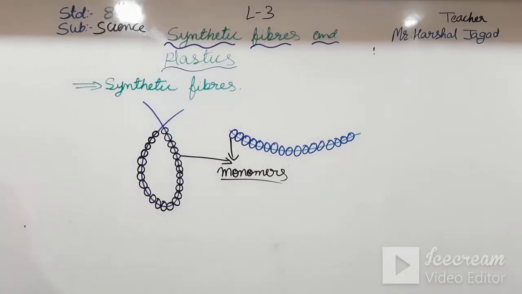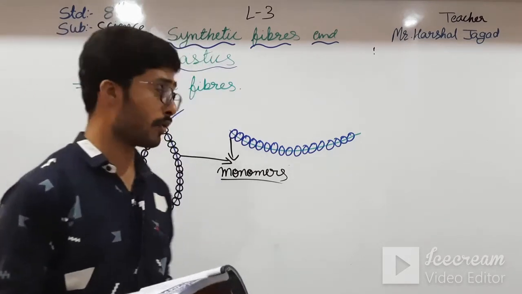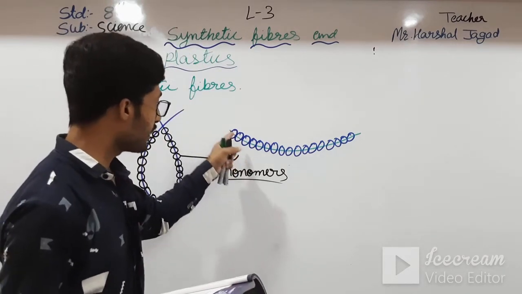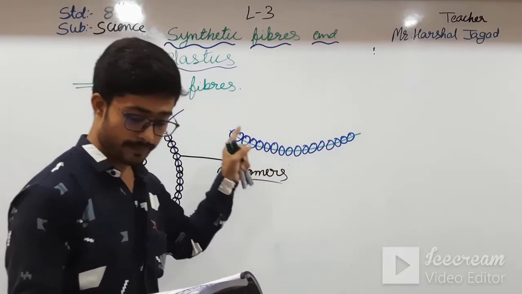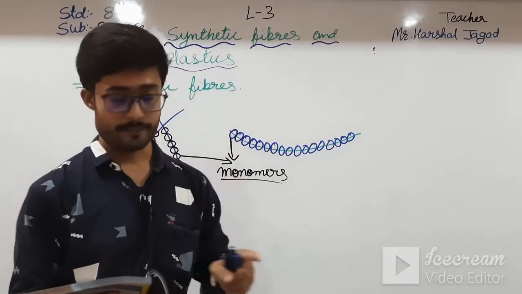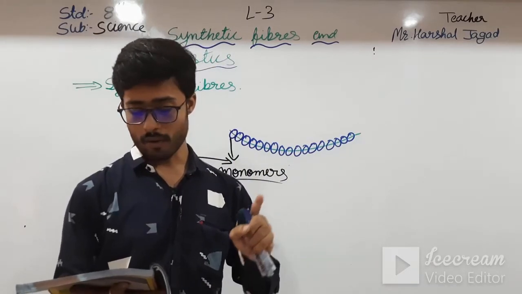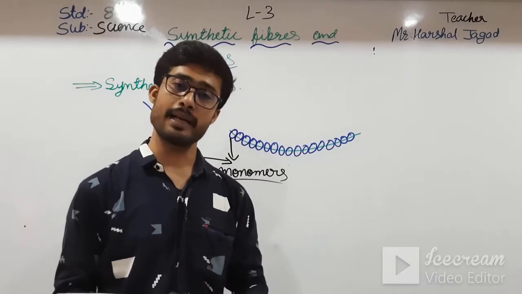I am again reading the definition of polymerization: the joining of small units called monomers, means these small units which are monomers, to form a polymer or a long fiber is called polymerization.